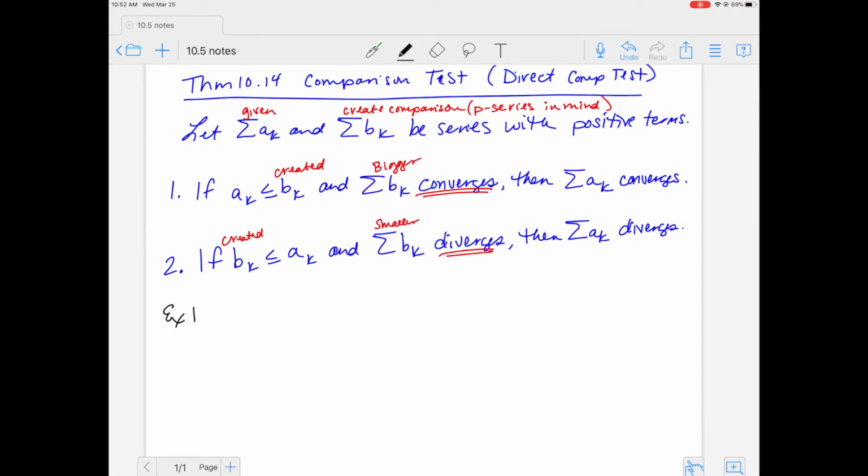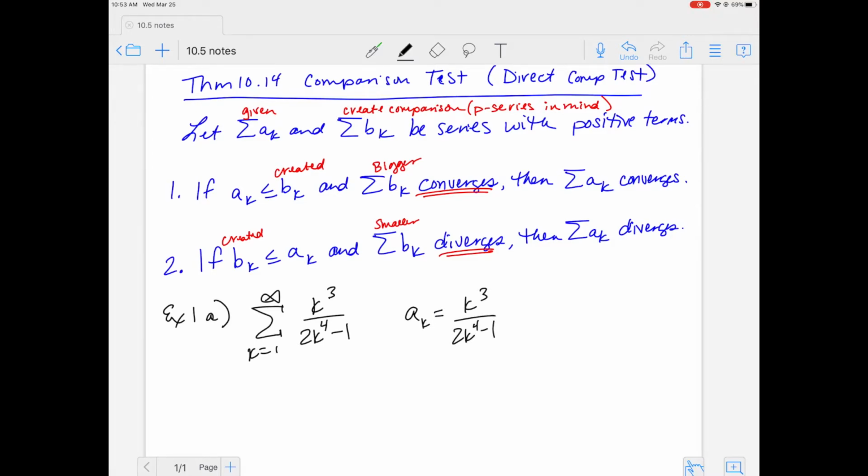Example 1A. I have this series. K is going from 1 to infinity of k cubed over 2k to the 4th minus 1. Now, this is obviously a sub k because a sub k is the original of what you have.